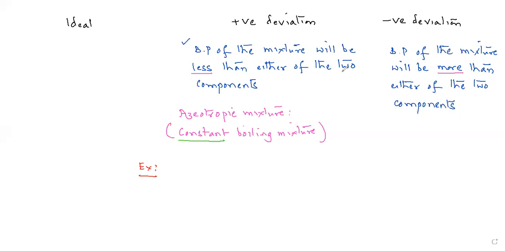See, if you consider a mixture of ethanol and water, when their composition is about 95% by volume of ethanol, 95 is ethanol, 5 is water.